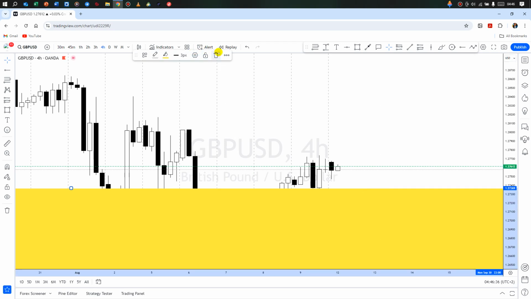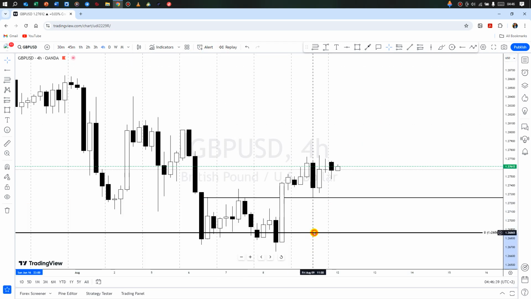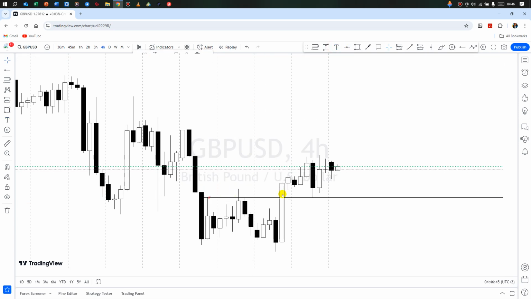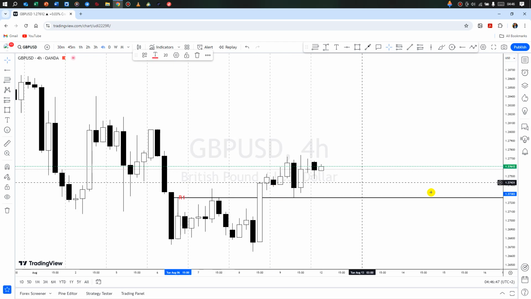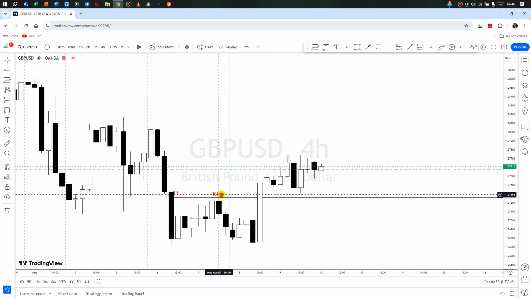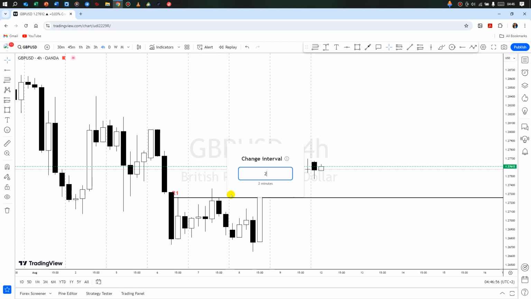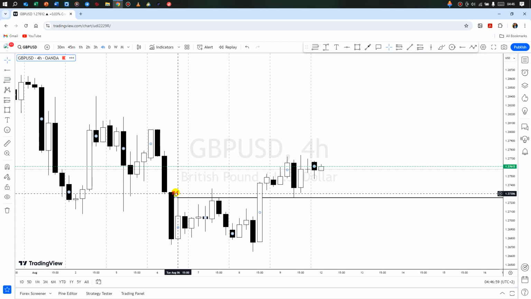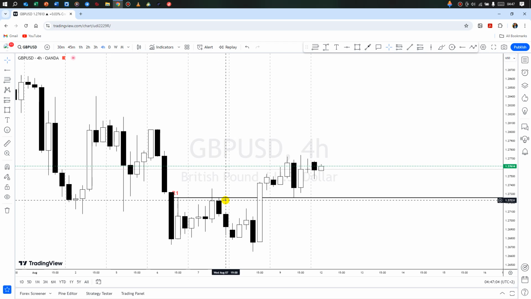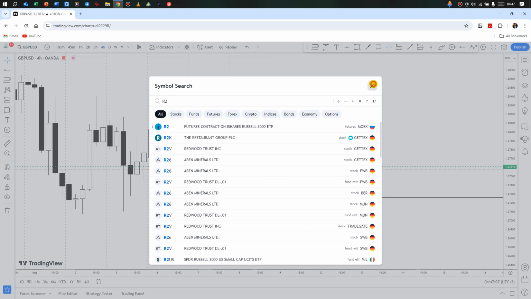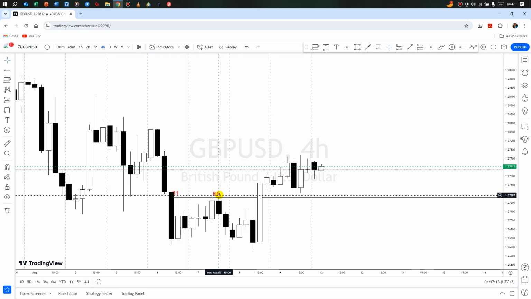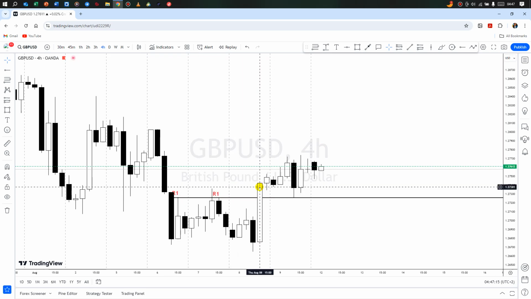Let me delete this here. So this is resistance number 1, resistance number 2, and the price has just engulfed it, as you can see.